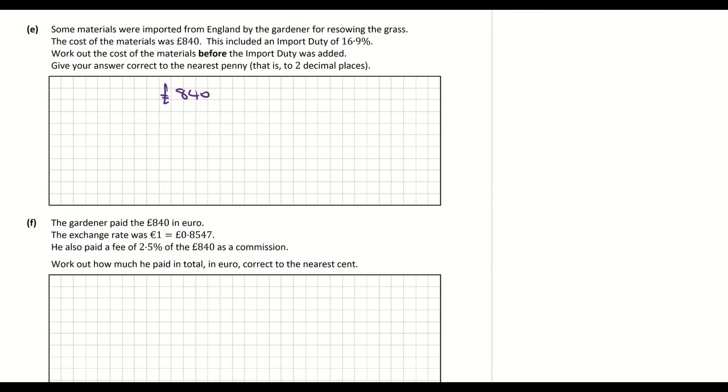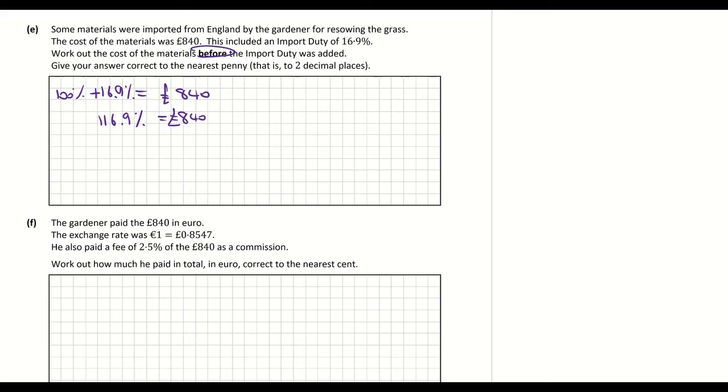Now this included the stamp duty, so that accounts for 100%, that's the seeding, plus the stamp duty of 16.9%. So in total, the gardener is spending 116.9%, which is my €840. So it includes the import duty.